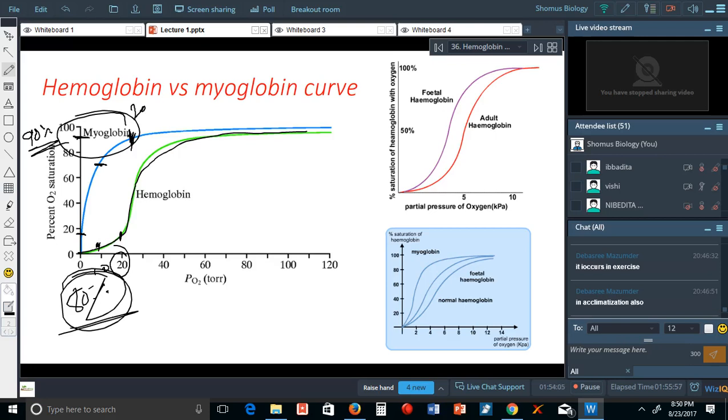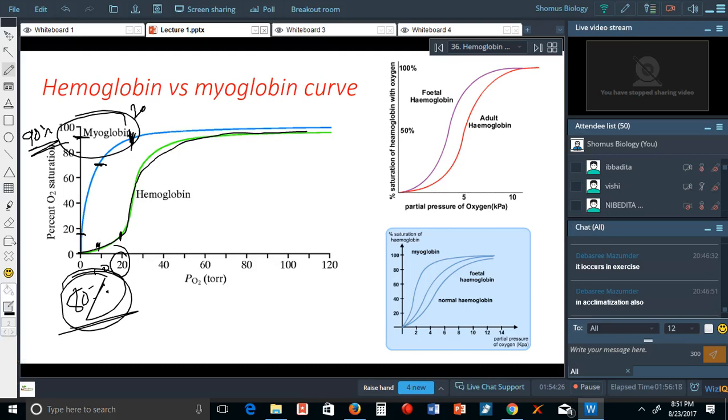Hemoglobin's job is to pick and bind with oxygen faster and release it fast when they get an acidic environment or higher carbon dioxide partial pressure or higher DPG or high temperature. But myoglobin's job is to remain attached to the oxygen.